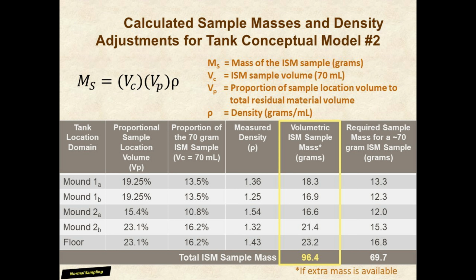If each array increment contains sufficient mass, this almost 100-gram ISM sample may be created and analyzed. If incremental mass material is insufficient, the masses may be multiplied by 0.7 or other factor to obtain the smaller mass needed to create a 70-gram or larger ISM sample with the same proportions as shown in the column on the right.